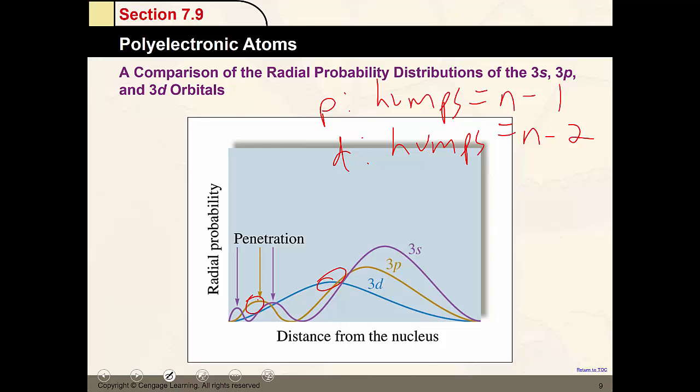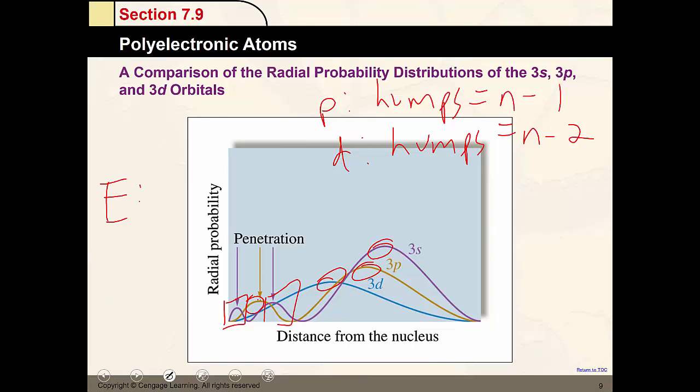So looking at the 3d, the 3p, and the 3s, you might think the 3d is lowest in energy. But because of these two little humps for the 3s, that's the lowest in energy, and then the one little hump of the 3p makes it lower in energy than the 3d.